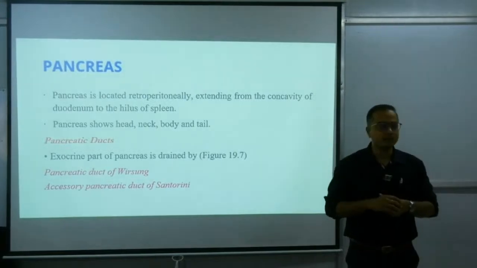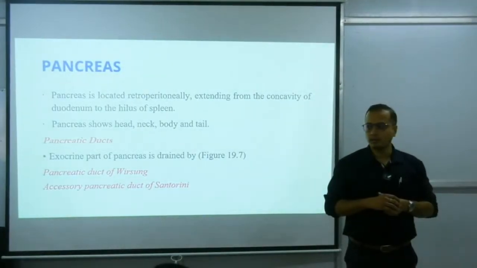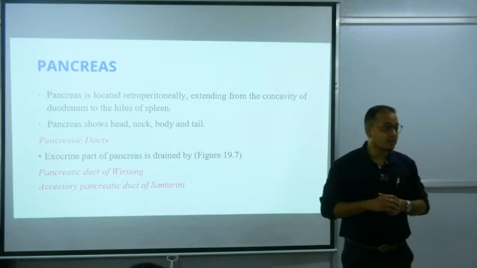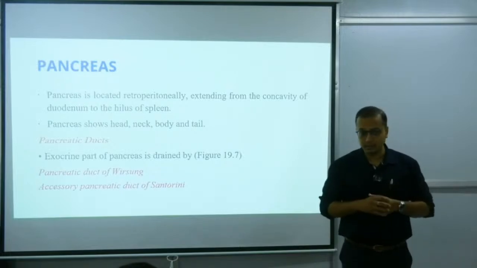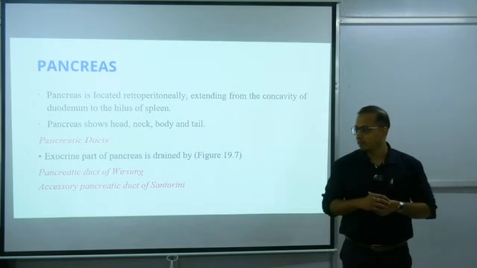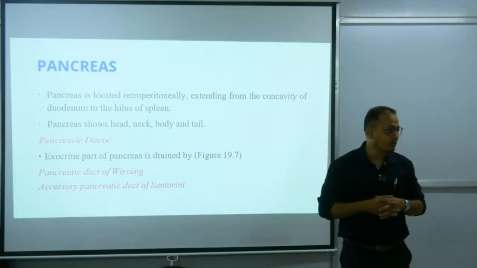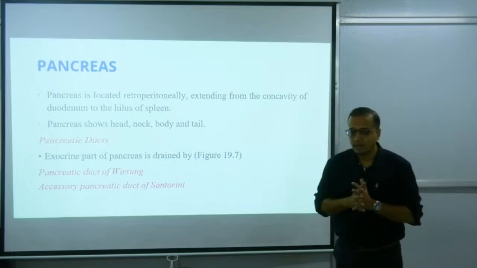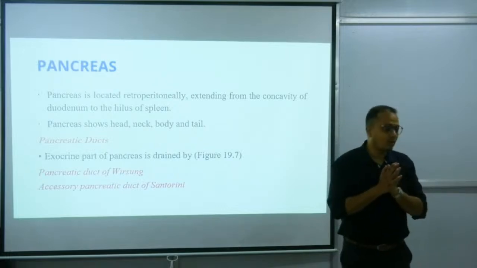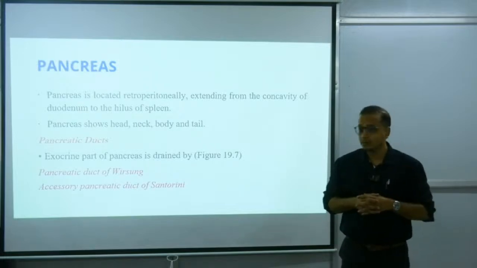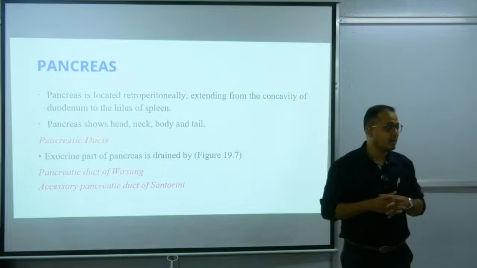This organ is unique in the sense that it is a gland present in our GI system, and this gland is responsible for the digestion of food particles, predominantly fat and protein. It secretes enzymes, which we call pancreatic juice or pancreatic enzymes, coming over here. So that makes this gland an exocrine gland.